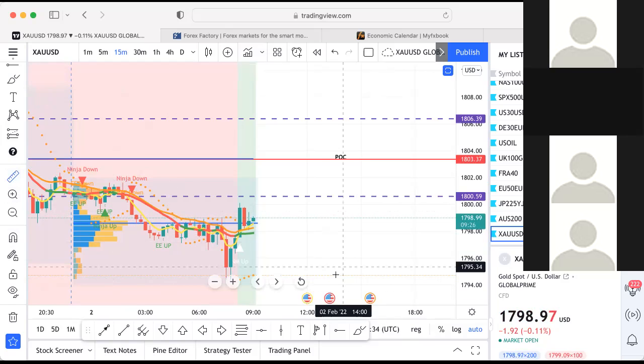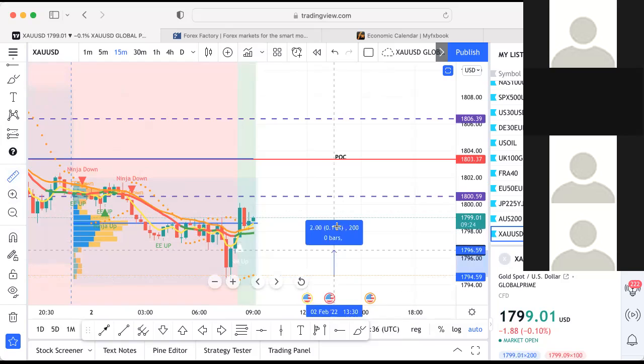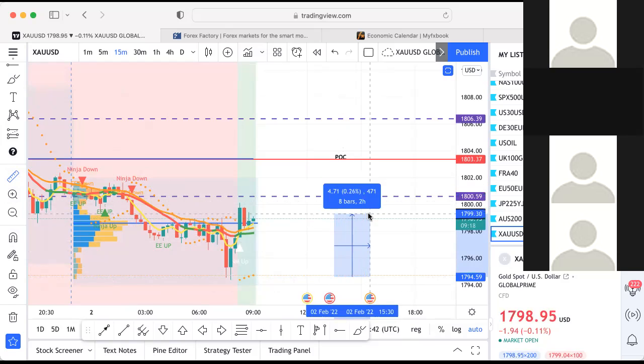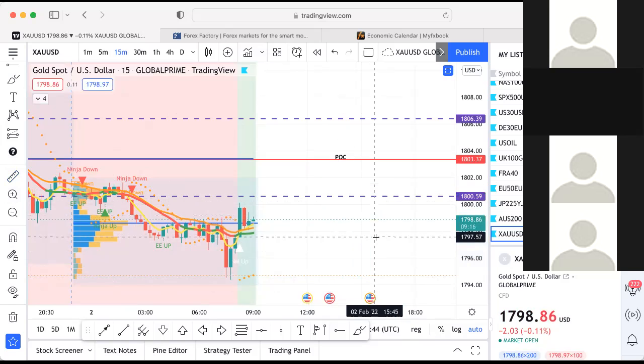Let's just measure that. Yeah, you're looking at 60 pips, which will probably scare most people off, I guess. It's not out of the question because you can adjust your lot size, but your risk to reward, as you say, is not that attractive.